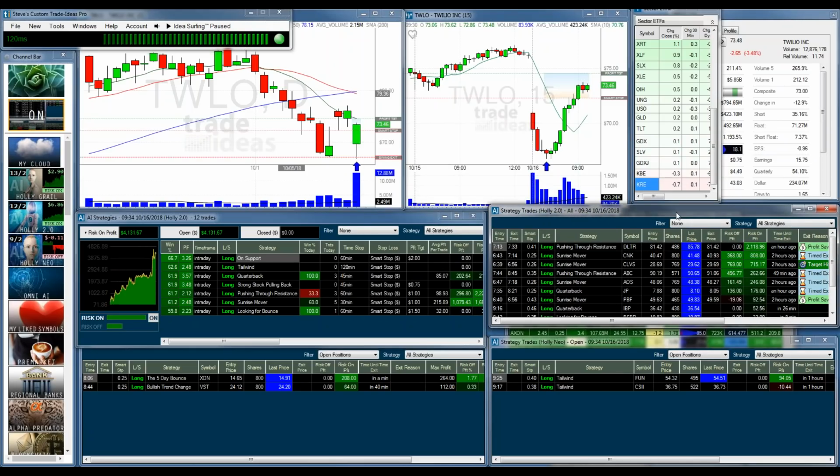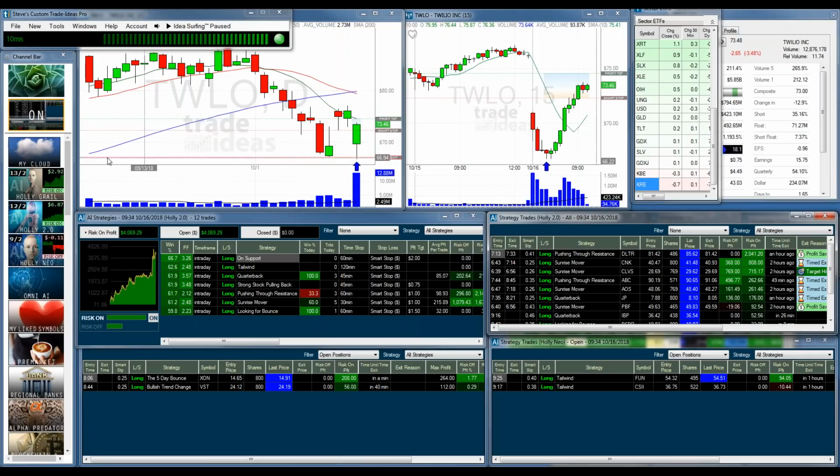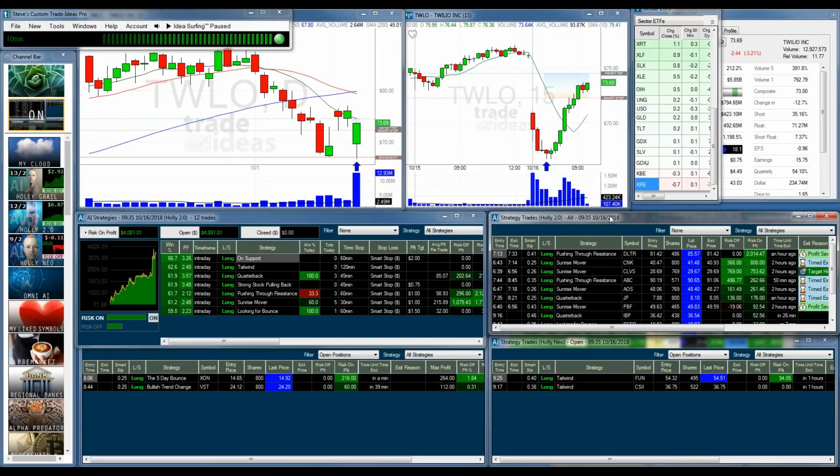Looking at this window, there's a lot going on today. We can see in our segmented channel over here that one segment has 13 trades, 2 of them open. The Holly 2.0 that we are looking at in this window has 12 trades and 2 of them are currently open.